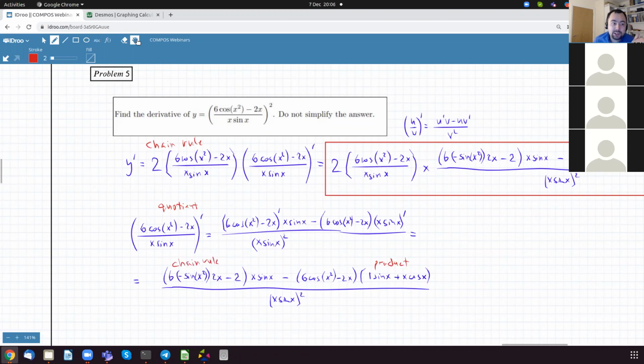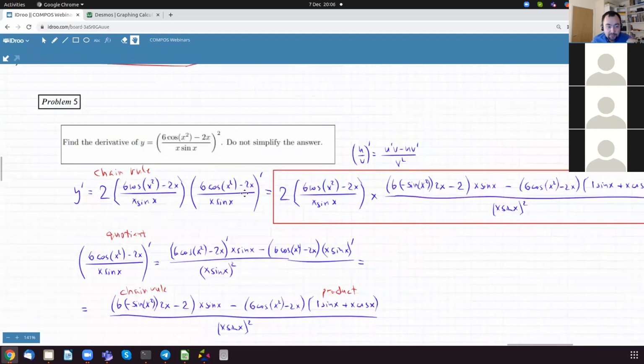So a combination of chain, quotient, and product rule gives you powers to do any sort of function, no matter how difficult.